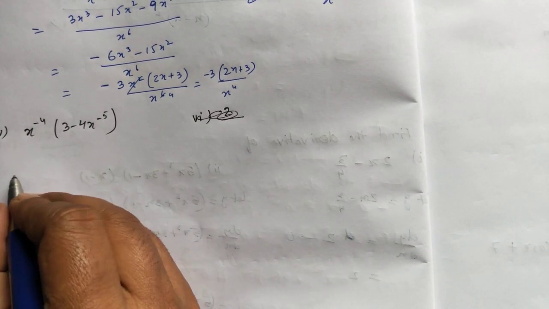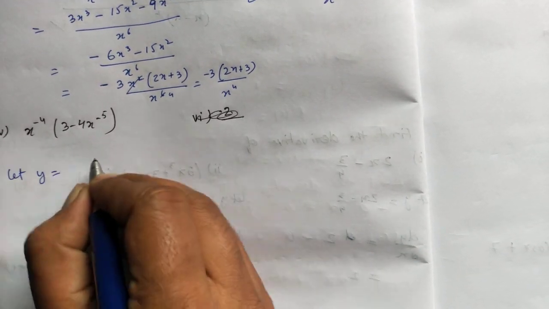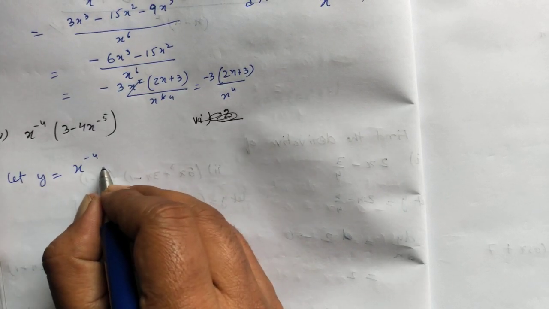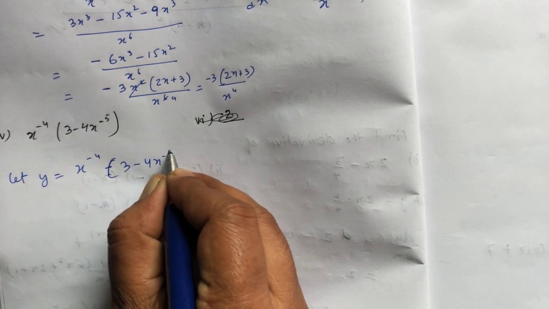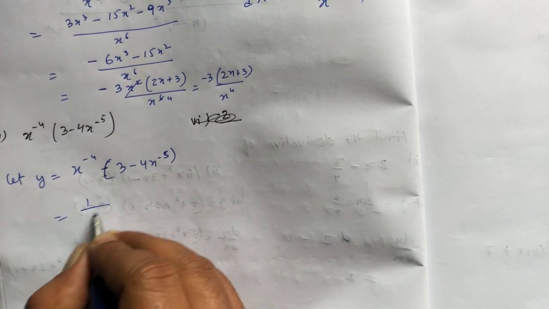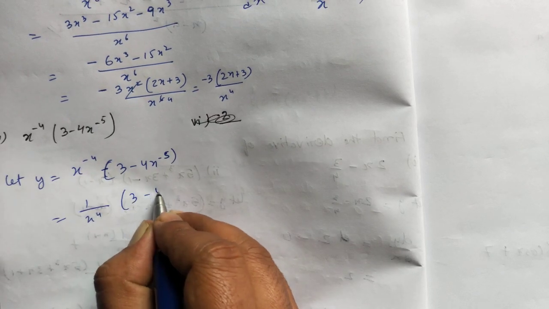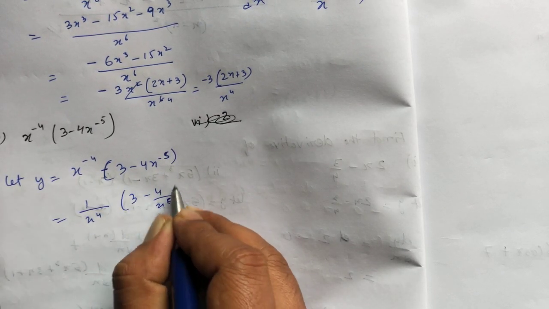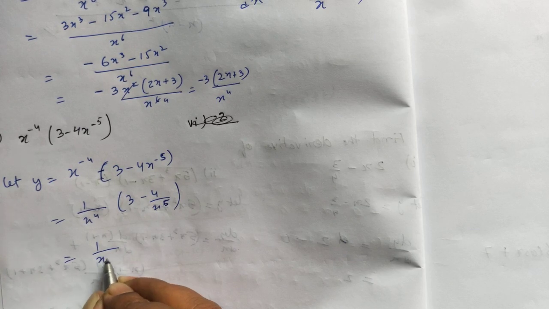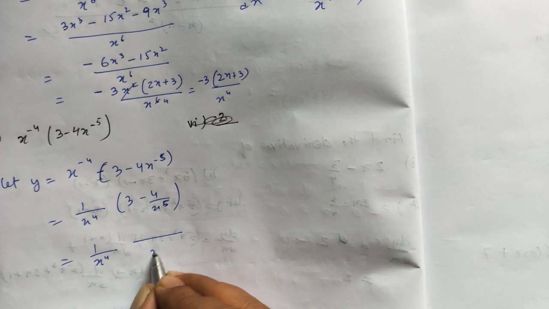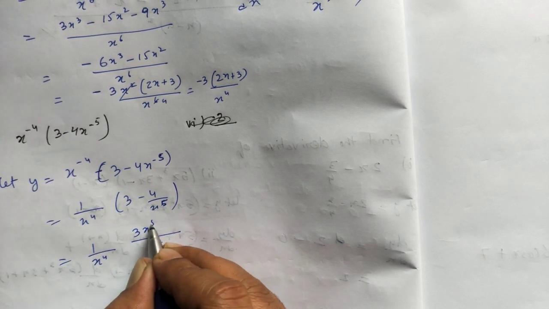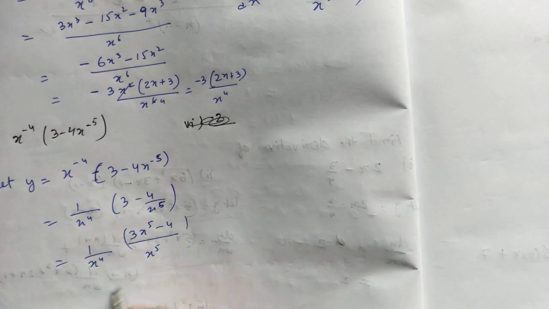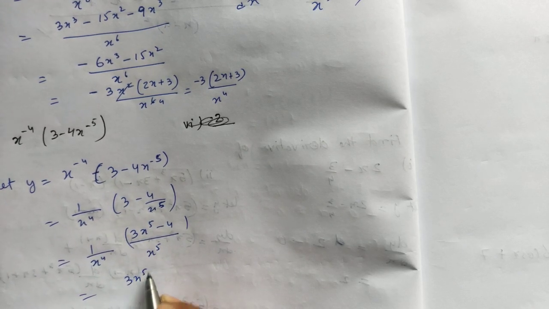This one also, let y equal to this, then write 1 by x power 4. Take the LCM, x power 5, you get 3x power 5 minus 4 by x power 9.